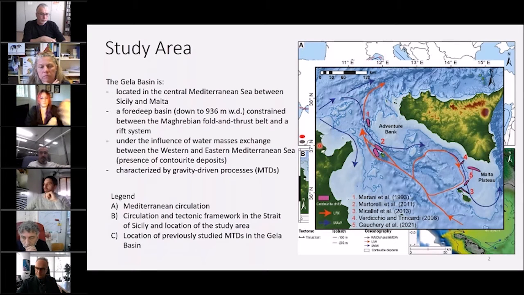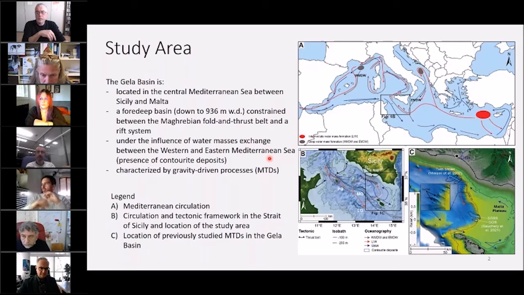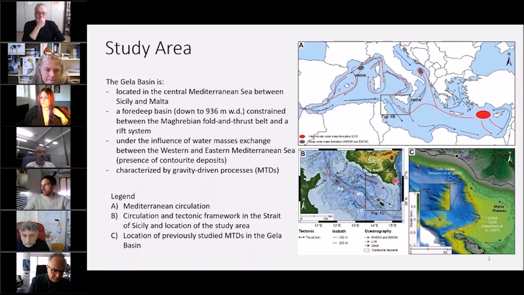Here are a few examples in the Strait of Sicily of contourite deposits, which are the result of this circulation. The Gela Basin is also characterized by multiple mass transport deposits, which have been studied in the north of the Gela Basin with the twin slides, and in the south as well.